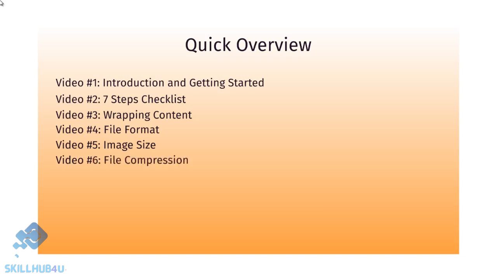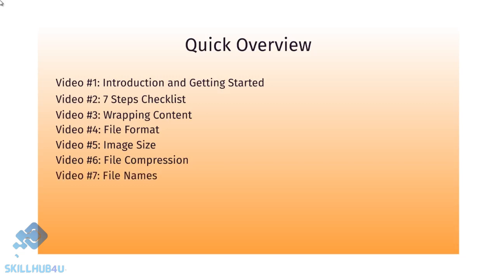Video number 6 is file compression, or in other words, how to compress your files from, let's say, 1 megabyte and decrease it by 50%, which is 500 kilobytes. The goal is to compress the size of the image without losing too much quality, so that it can run faster when your visitors actually visit your site.